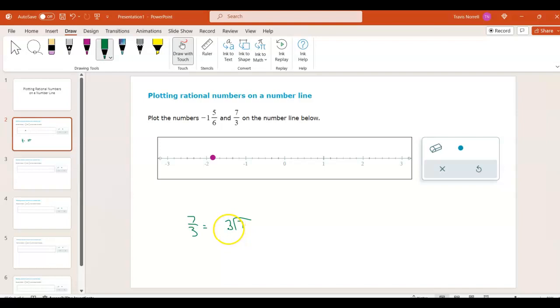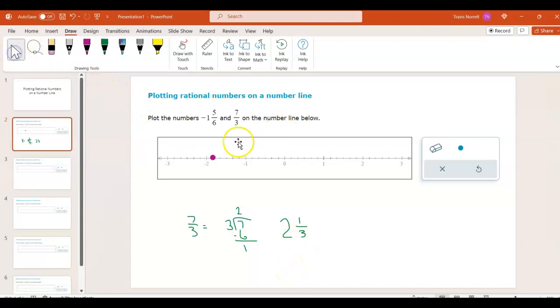So let's think. 3 will go into 7 2 times, because 2 times 3 is 6. And then if I subtract and get a remainder, my mixed number is going to be 2 wholes, and my remainder over the original denominator of 3, because we're talking about thirds.